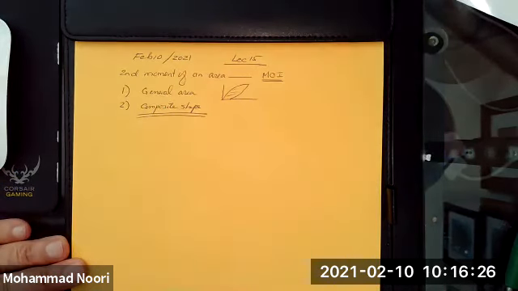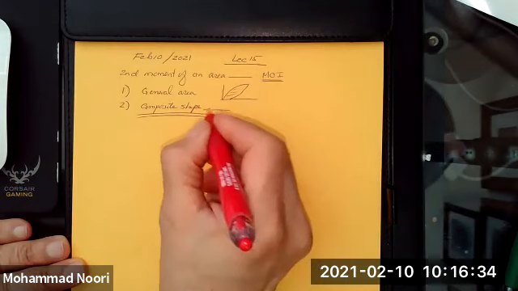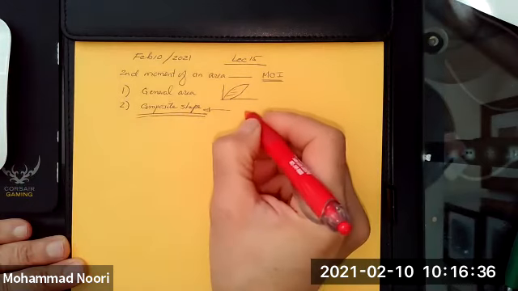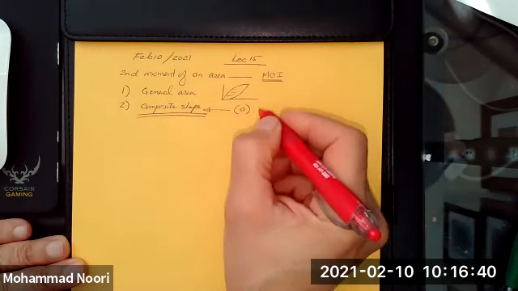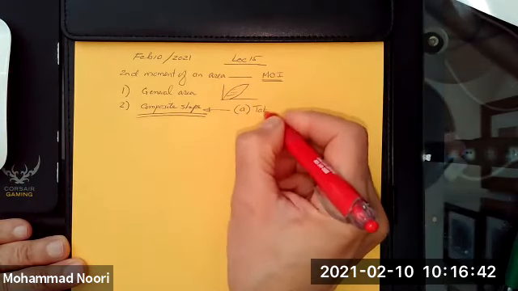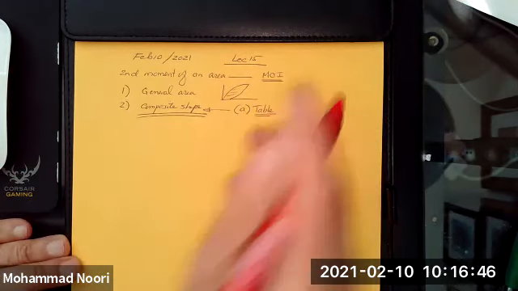And there are two basically tools that you have when you are going to do the moment of inertia of a composite shape. Tool number one, or A, is you go to the table in the back of your book, okay?